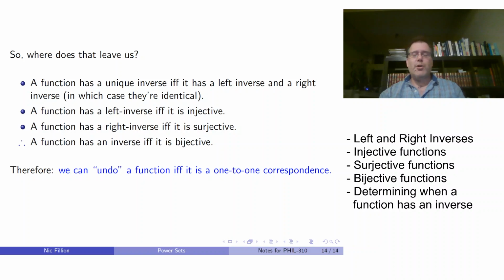Next time, we're going to introduce the axiom of infinity that's going to guarantee that there exists a set with infinitely many members. We're going to define natural numbers. We're going to define some operations on natural numbers. We're going to learn about mathematical induction. We're going to prove that it's a good rule of inference.